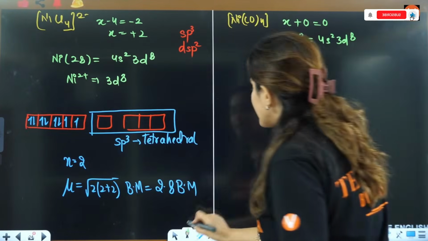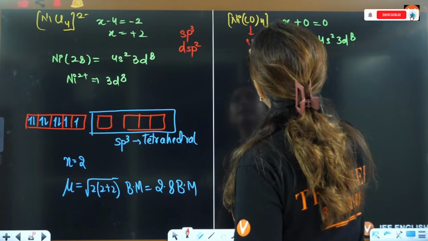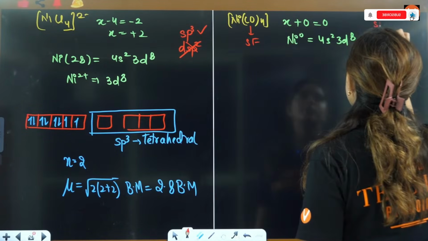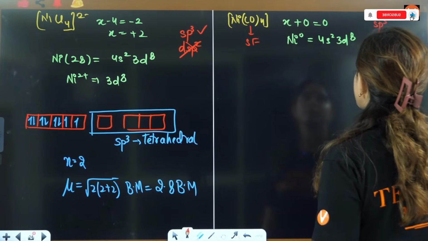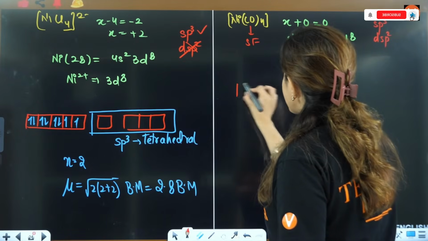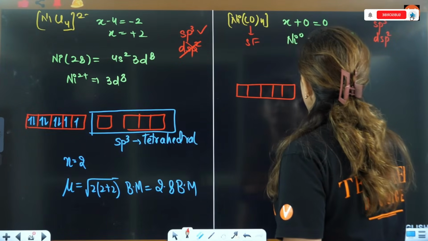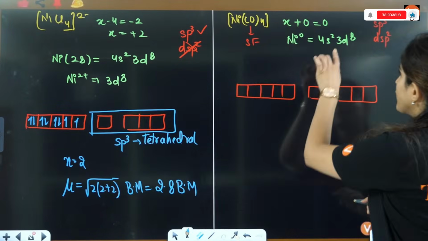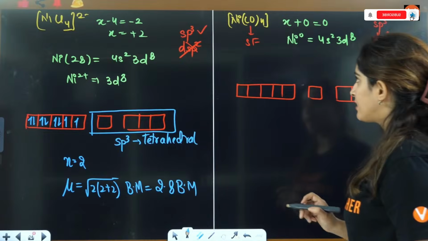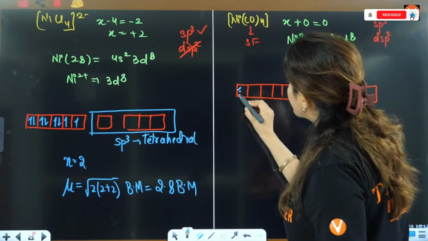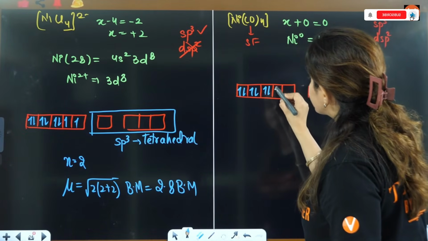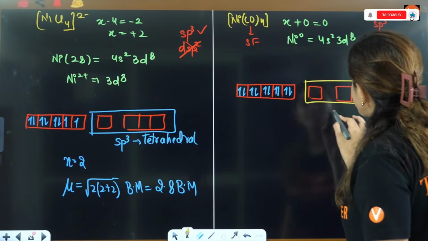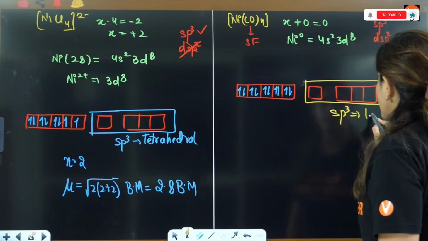And we know that carbonyl is a strong field ligand. Right, here this one is ruled out, this one is selected. Coordination number 4 can give you either sp3 or dsp2, right? So now if you see, this will be d orbital, this is s and this is p. Total number of electrons that you have here is 8 plus 2, that is 10, and this is going to cause pairing, so it will be 1, 2, 3, 4, 5, 6, 7, 8, 9, 10, and again the answer is going to be sp3, that is tetrahedral.